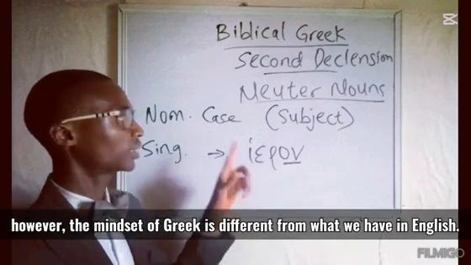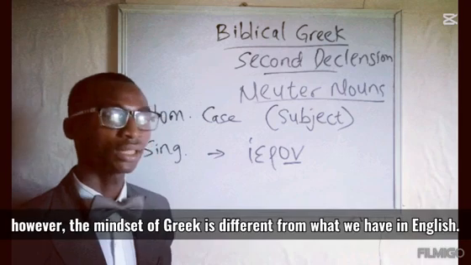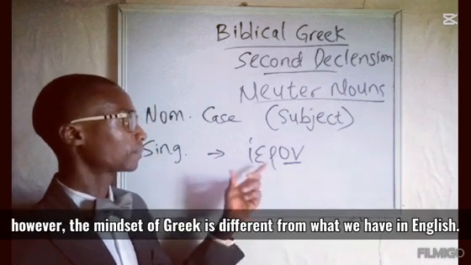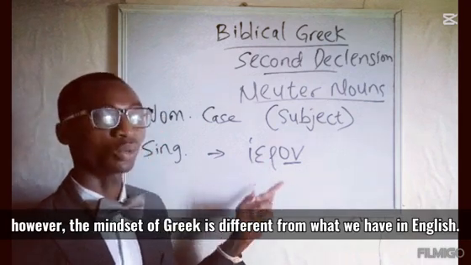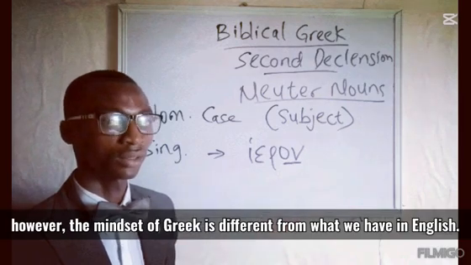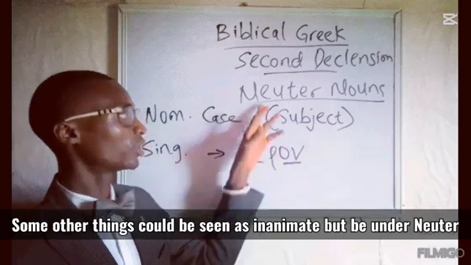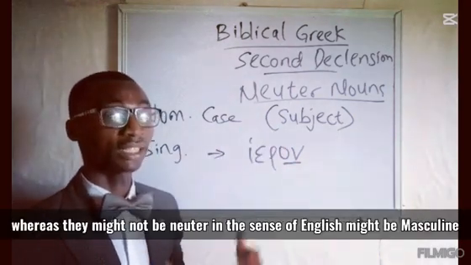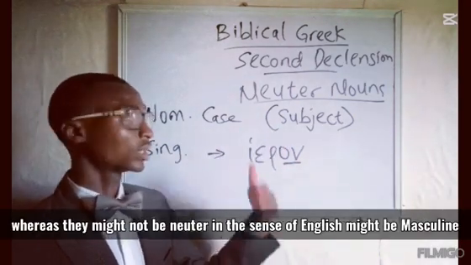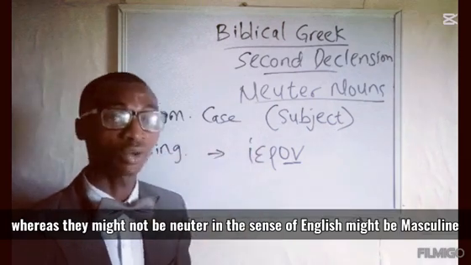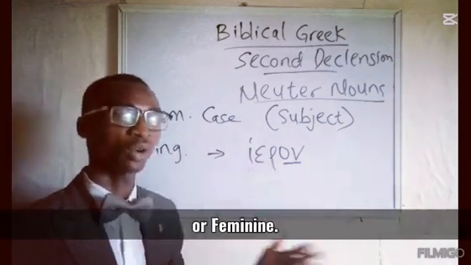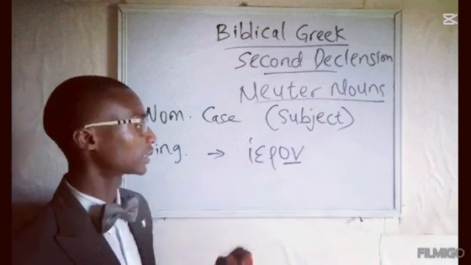However, the mindset of the Greeks is not like what we have in English. Some other things could be seen as inanimate or be under neuter, whereas in the sense of English they may not be neuter, maybe feminine or masculine. So it's good to understand that.